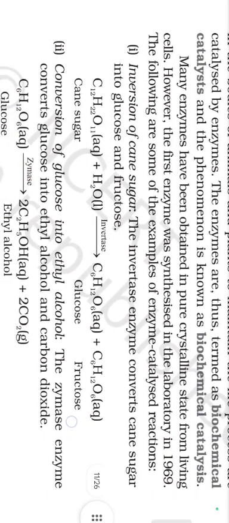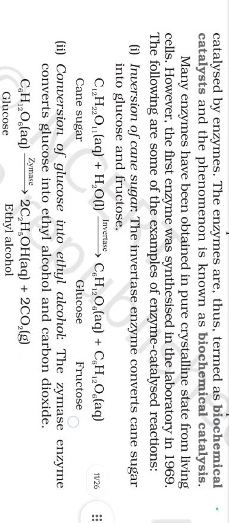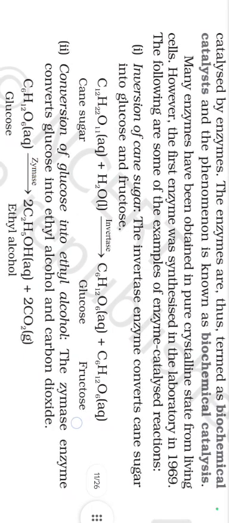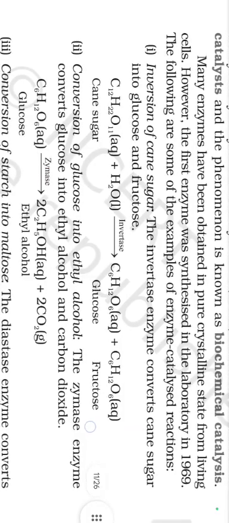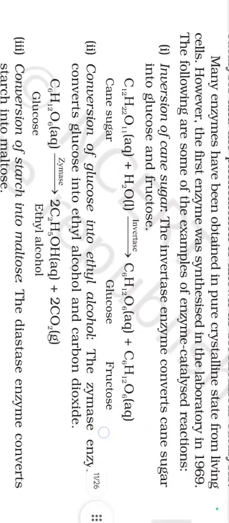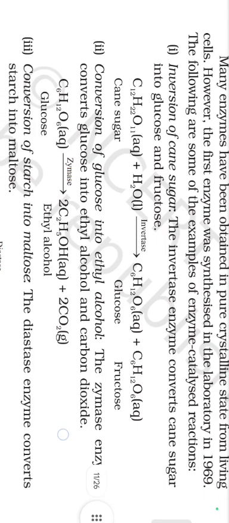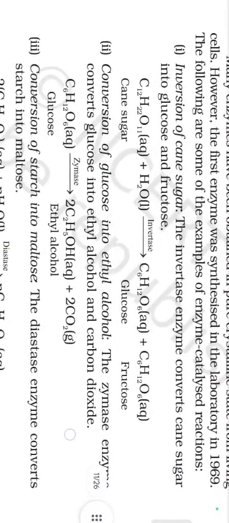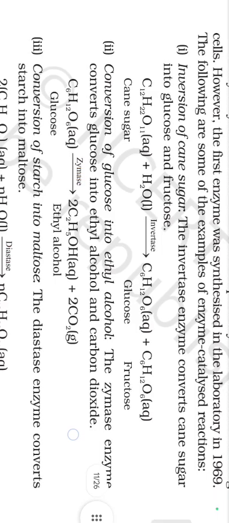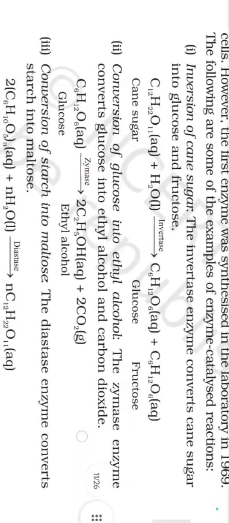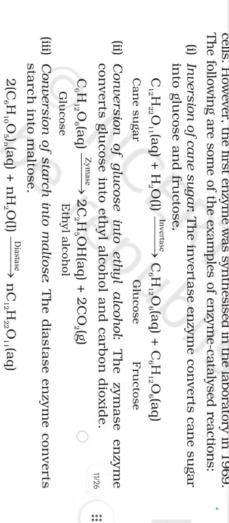The enzymes are thus termed biochemical catalysts, and the phenomenon is known as biochemical catalysis. Many enzymes have been obtained in pure crystalline state from living cells. However, the first enzyme was synthesized in the laboratory in 1969. The following are some examples of enzyme catalyzed reactions.